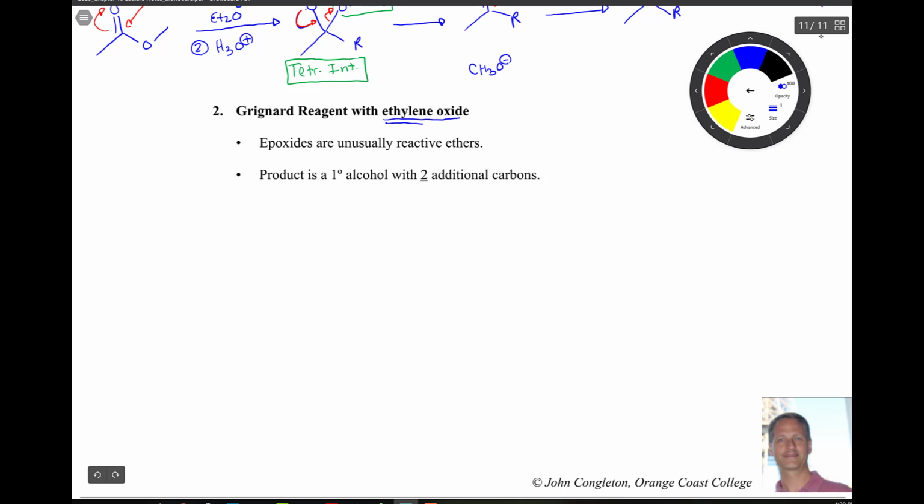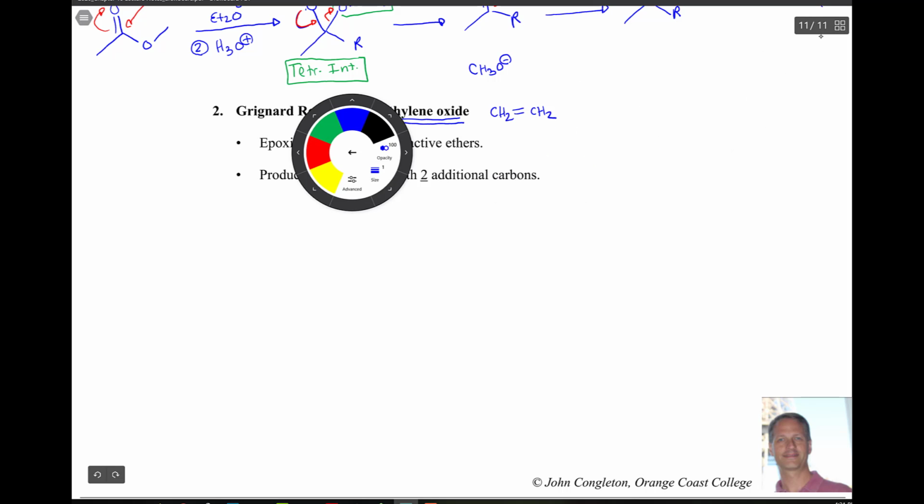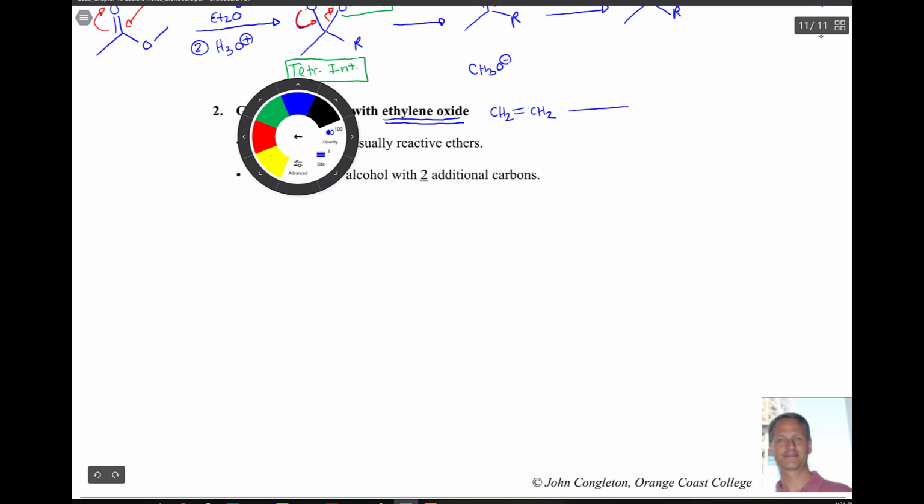So what is ethylene oxide? Well, ethylene oxide is made by taking an alkene and adding MCPBA. Do you guys remember that from chapter 8? And what that makes is this ring.